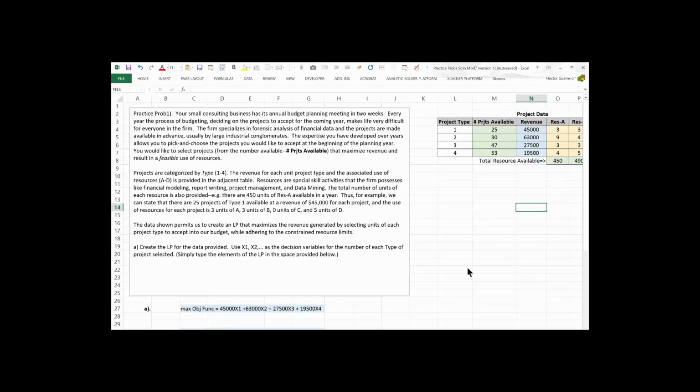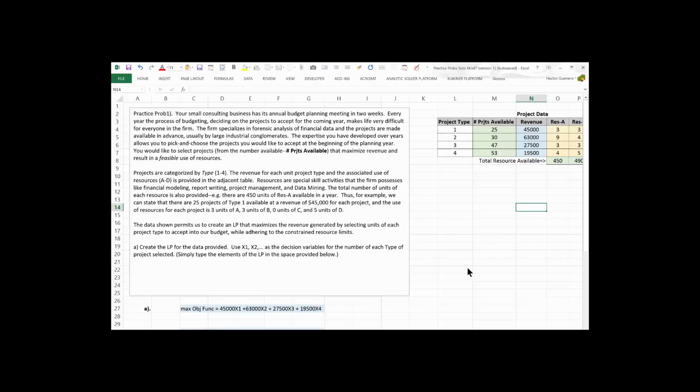And what we have to do is, based upon the profitability or the revenue generation capability of each project and the use of resources associated with the projects, we want to pick the number of projects of each type that maximizes our objective function, which is a revenue function, but it does so by considering the resource scarcity that we have.